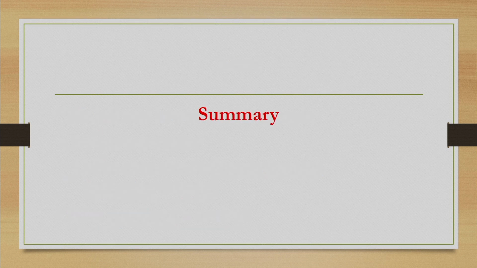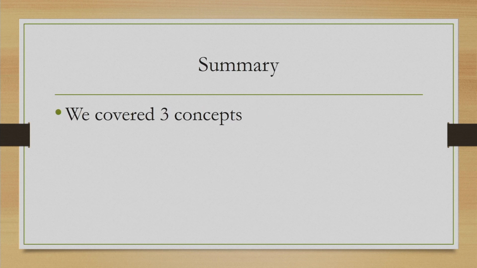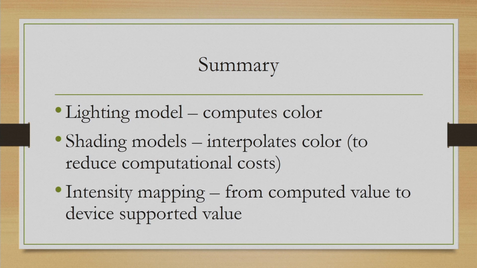So, in summary, in stage 3 there are 3 broad concepts that we have covered. The first is the lighting model. This is the basic method that we follow to simulate the optical properties and behavior which gives us the sensation of color.